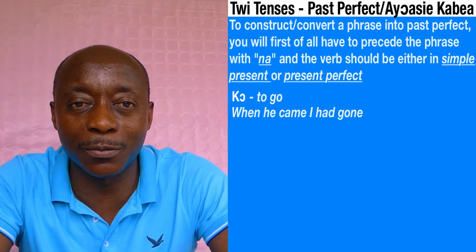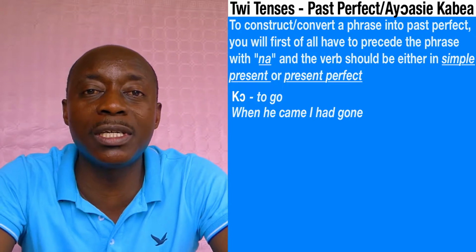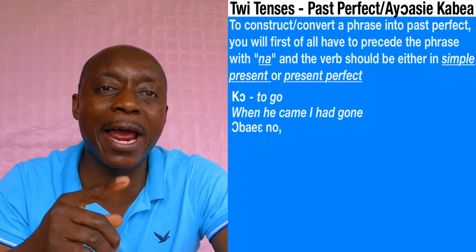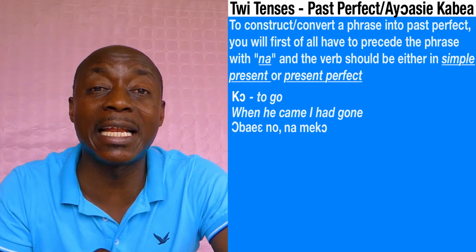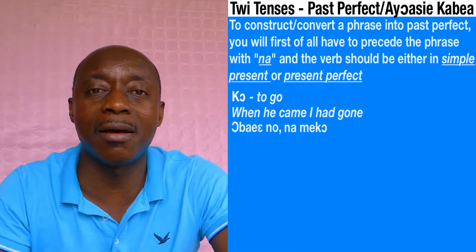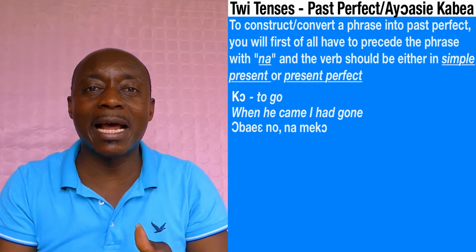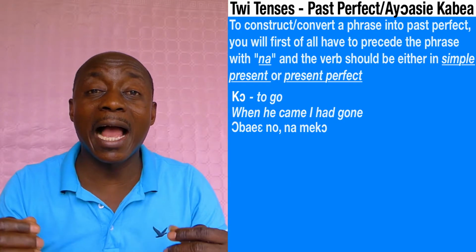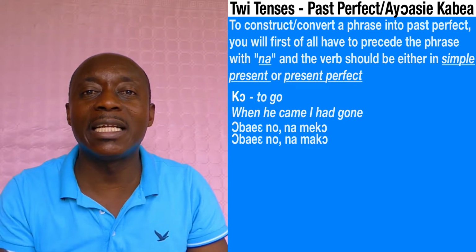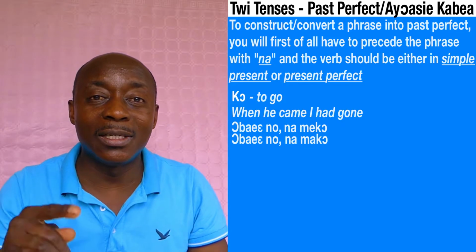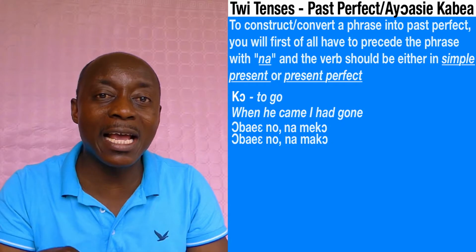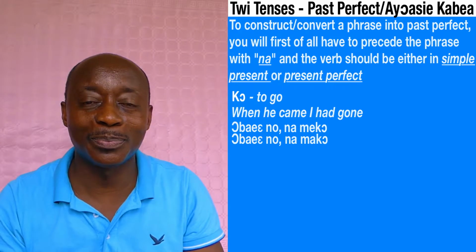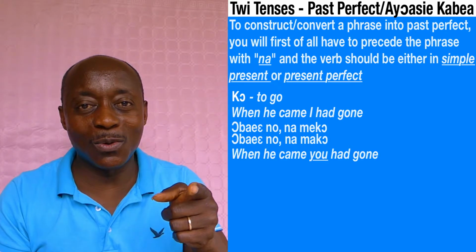Using the first person singular pronoun, me, I will say Obaeno na meko, to mean that I had left the place, I was not there. I can also say Obaeno na mako. Here I mean that when he came, I was there, but I had already gone and had come back.